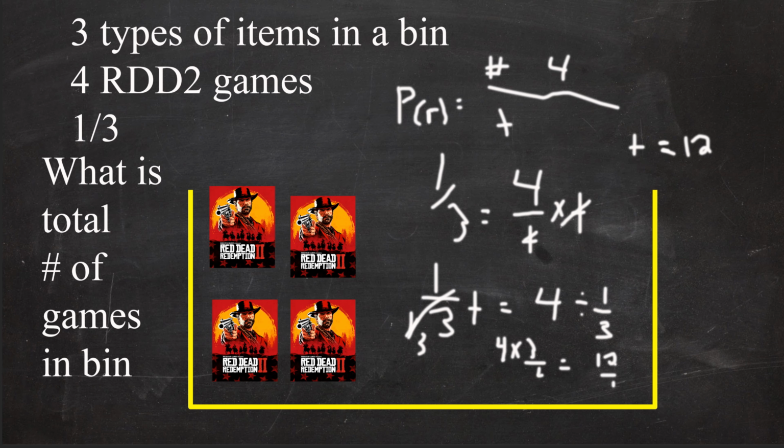Again, with our formula, the probability of selecting Red Dead Redemption is equal to the number of items we want over the total. The number of items you want is the number of items you're looking for the probability of. Here, we didn't have the total, so we needed that formula, and we needed to know how to use math to figure out that the total number is 12.